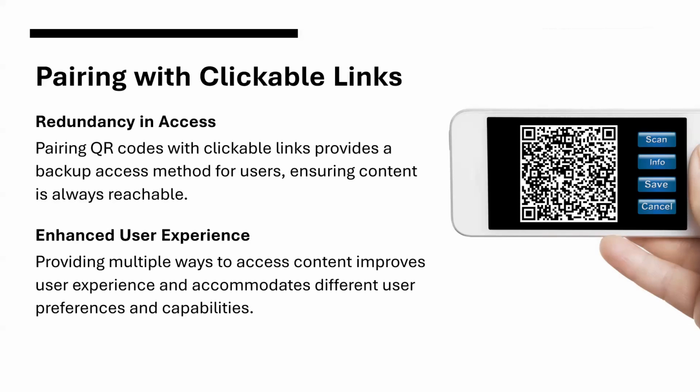And how do you do that? With the QR code, when you have it as an image, you attach a link to that QR code. It will provide multiple ways to access content and improves user experience. It accommodates different types of users' preferences and capabilities.